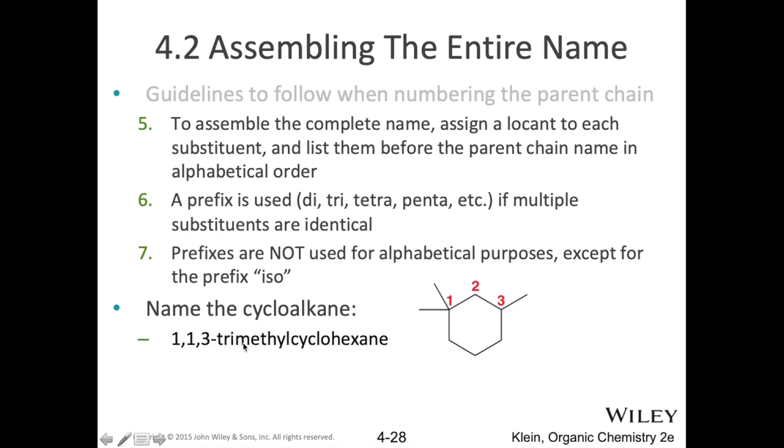And notice that there aren't any spaces between any of our prefixes and suffixes and so on. It's all one continuous word. So it's 1,1,3-trimethylcyclohexane, with commas between the numbers, a hyphen between the numbers and the letters, and no spaces anywhere in there.